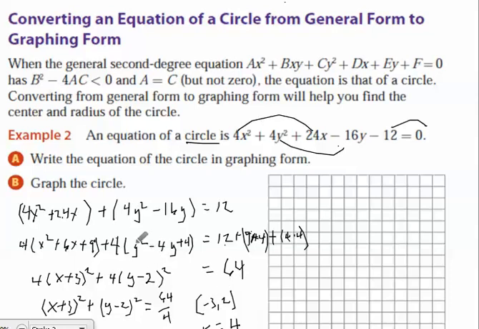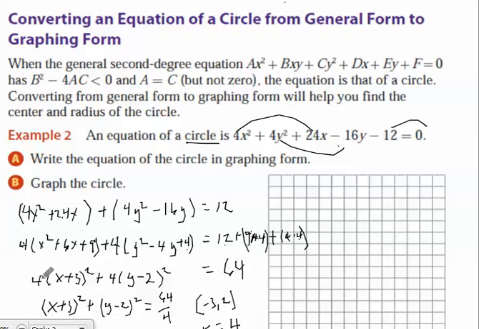Same thing here. Y squared minus 4y. I'd factored out the 4 to begin with. Negative 4 divided by 2 gives me a negative 2. Negative 2 squared is a 4, so I'm adding 4 times 4, adding 16 there. So I've got 12 plus 36 plus 16, that's 64. So the whole thing equals 64, right?